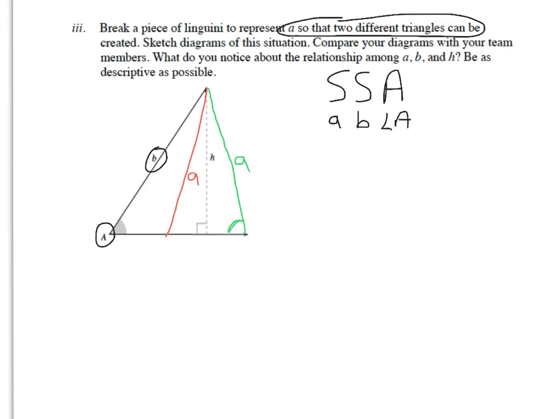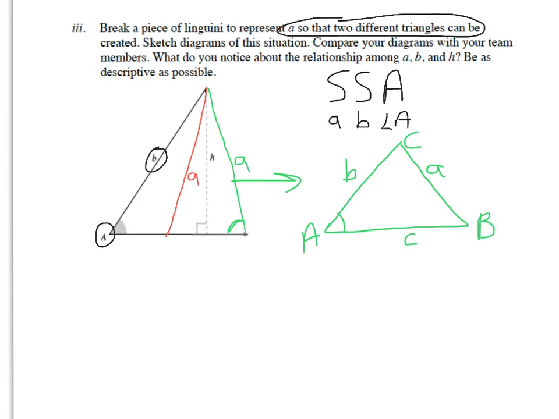This angle here is going to be acute, so I'm going to draw that over here. Looks something like this. Here's angle A, here's side B, and here's side A, meaning that this has to be angle B here, angle C, and side C.